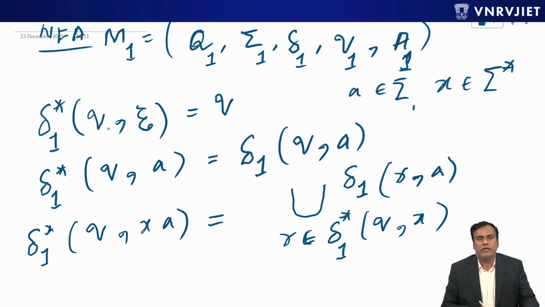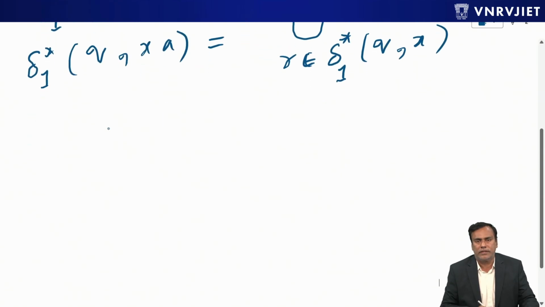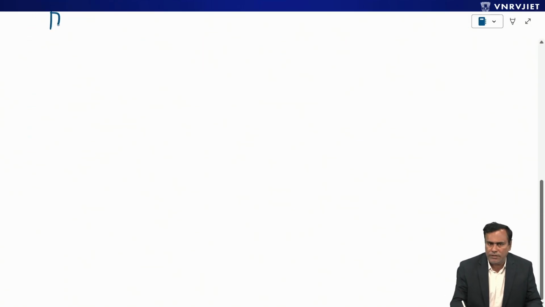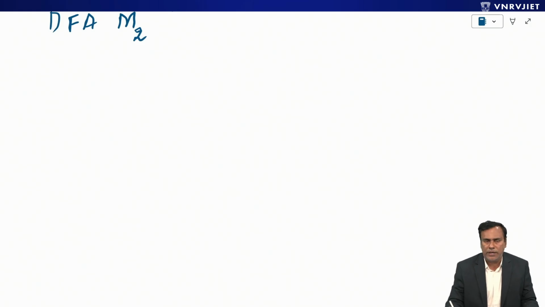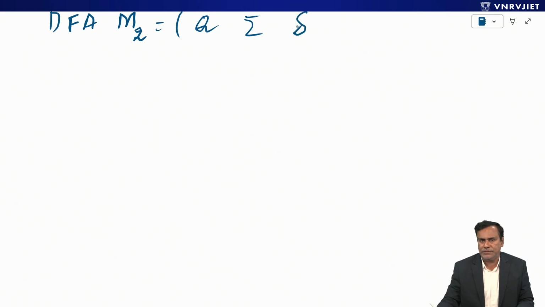Next, moving on to DFA, deterministic finite automata. It is also a five-tuple. I'm going to denote this DFA with the notation M2. M1 I'm using for NFA, M2 I'm using for DFA. M2 is a five-tuple consisting of a set of states, input alphabet, transition function, a start state, and a set of accept or final states.